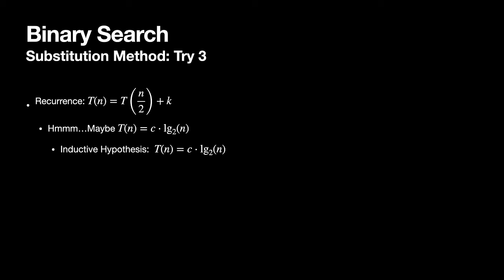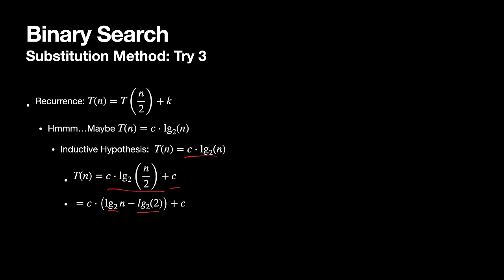Our inductive hypothesis here is that c times log base 2 of n is our general solution. Let's go ahead and substitute that into our recurrence, and this is what we come up with. We can factor the denominator out inside the log and split it into log base 2 of n minus log base 2 of 2.